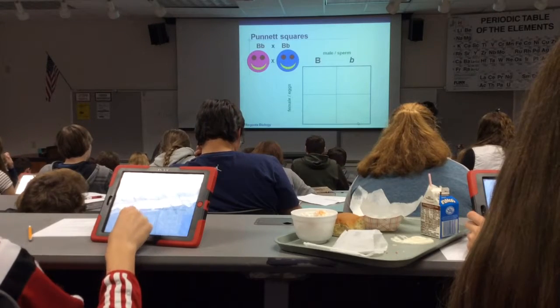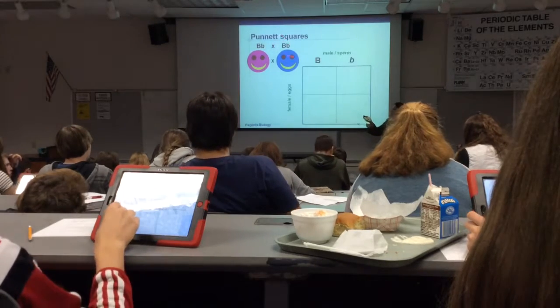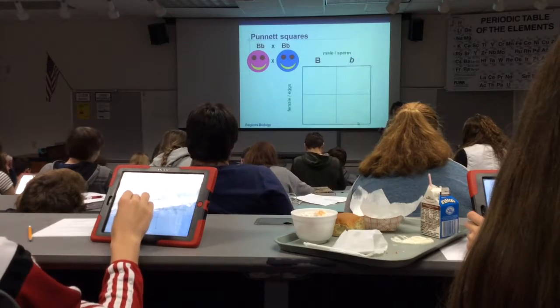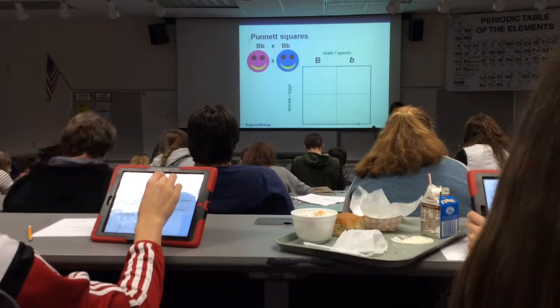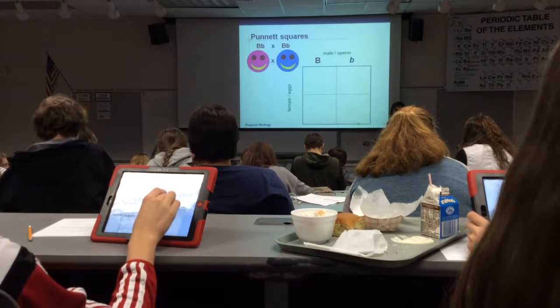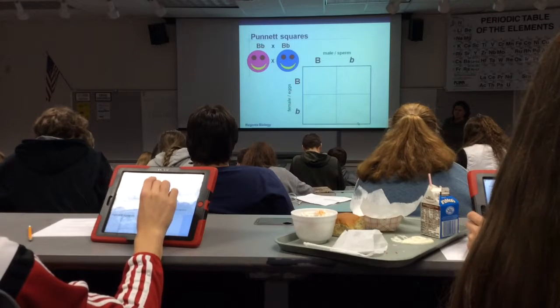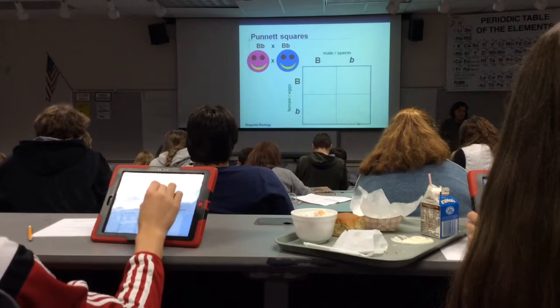So if we wrote down this parent, in their genes, they have both alleles. They could give one or the other. So you only put one allele there, because remember, reproductive cells are haploid. They only have half the alleles. Over here, if these were egg cells, they're only going to give one or the other.